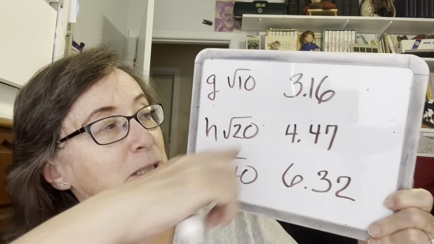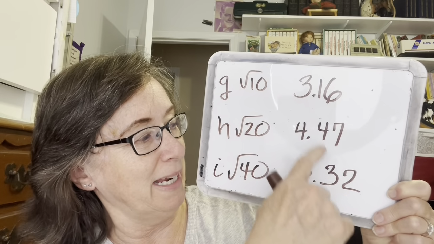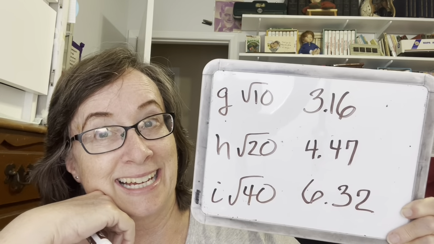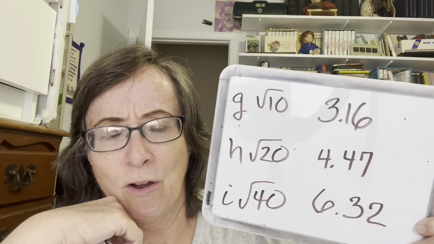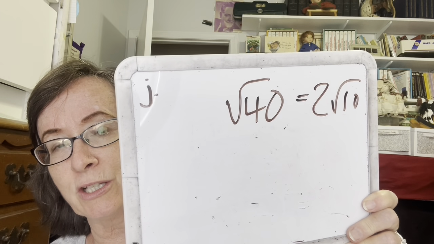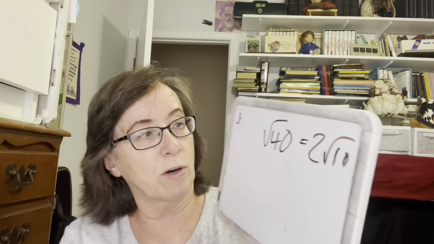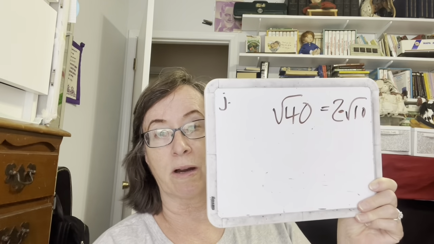But if I multiply 16 by 2, I get 32, and 3 by 2, I get 6. How does that happen? Why is square root of 40 twice the square root of 10? Okay, so that's what we just discovered. The square root of 40 is twice the square root of 10, or 2 times the square root of 10.